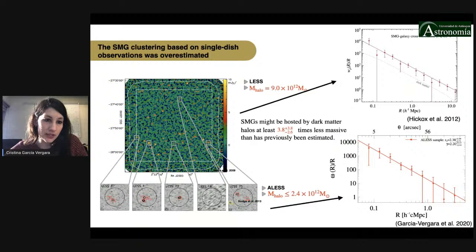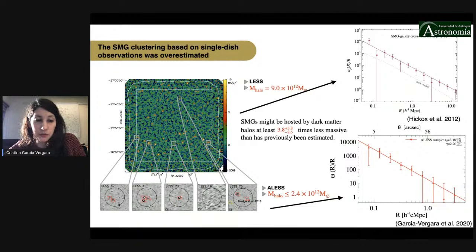For example, this single source here is actually composed of 3 fainter sources. And this is just because of the angular resolution that you are using. ALMA has an angular resolution around 1 arcsecond, so we can really detect and resolve the sources. But single dish data have a much worse resolution.